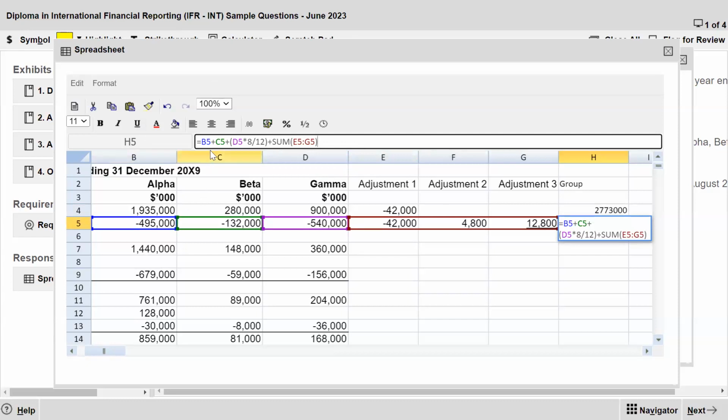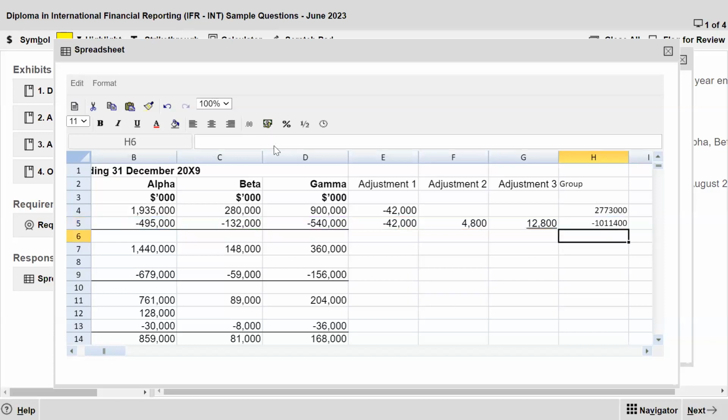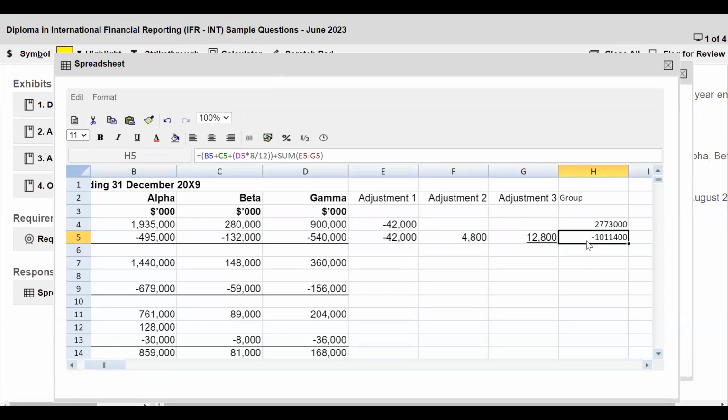Okay, so what we need to do is see that basically, yeah, okay, we'll do it inshallah.